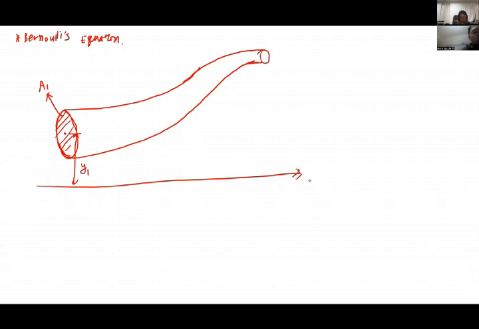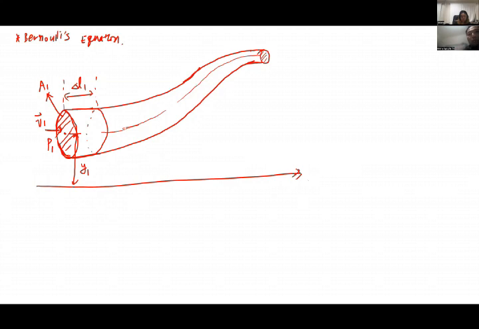Over some given travel time, the fluid moves delta L1, and the velocity coming across this cross section is v1, and the pressure applied to this cross section of the input pipe is P1. So that amount of fluid moves along the pipe and reaches the output of the pipe.